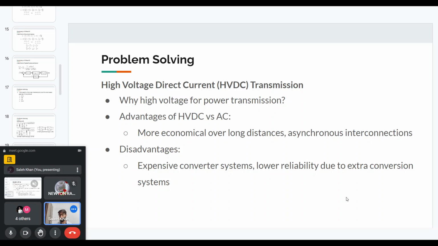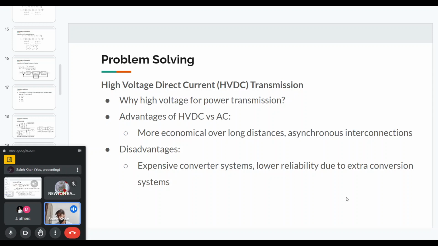For example, in some parts of the world we have 50 hertz AC, in other parts we have 60 hertz. If we want to connect between them, that requires some extra equipment. But for DC transmission, we just have one conversion from AC to DC, and then the same DC can be transmitted and converted to the other AC configuration.